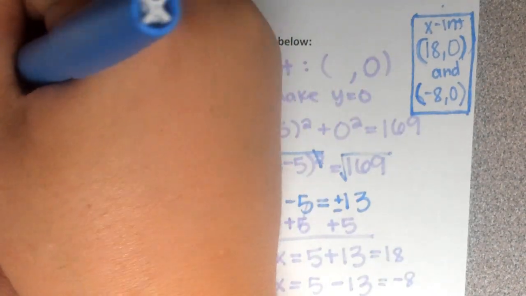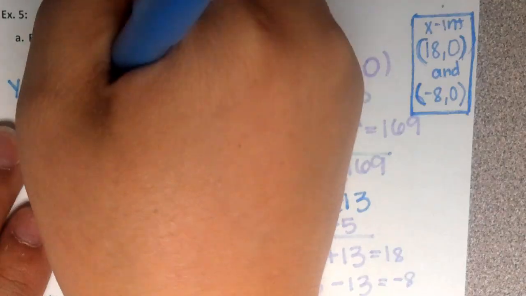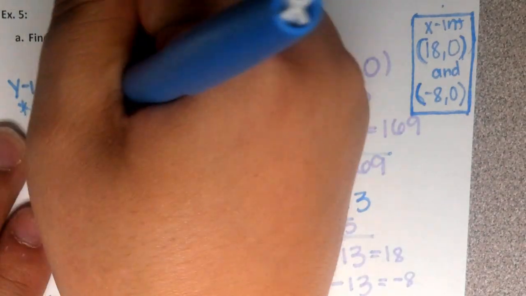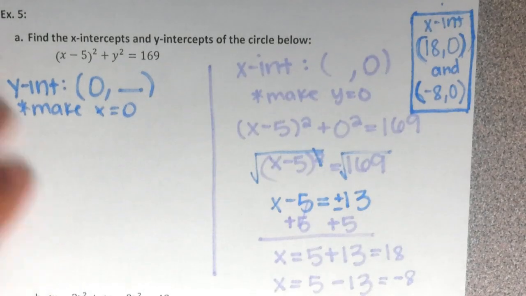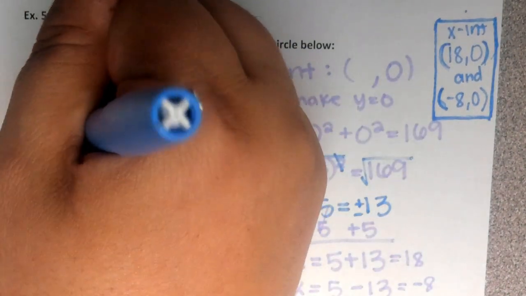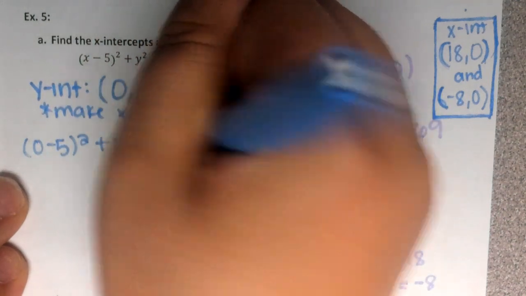For the y-intercept, we're going to do the other thing. It's going to be 0, comma something. We have to make x equal 0. So this is going to be 0 minus 5 squared plus y squared equals 169.